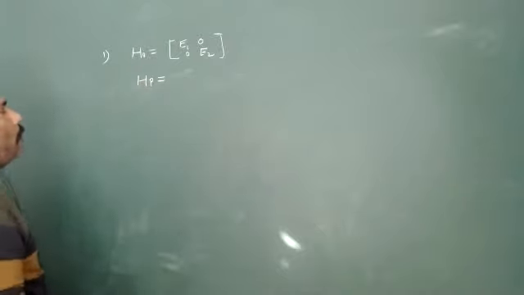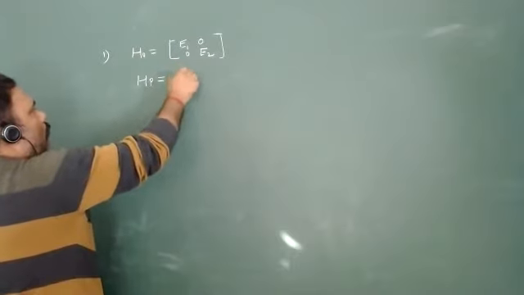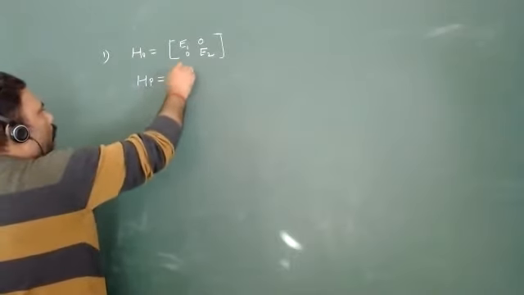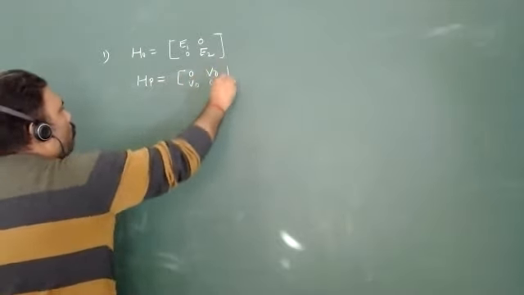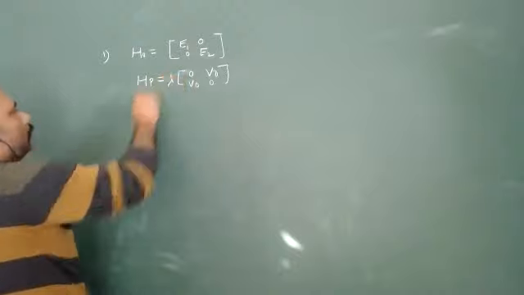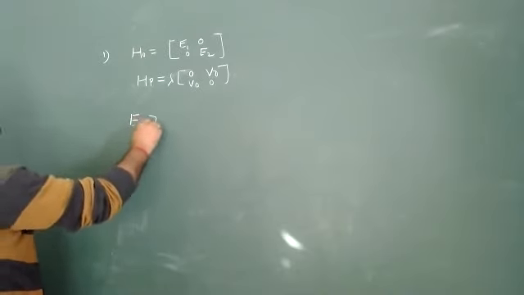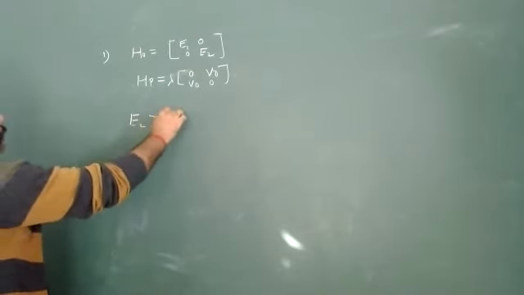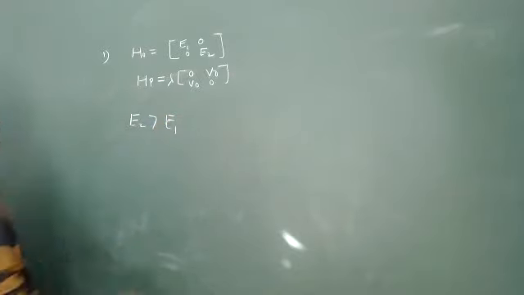HP is equal to, let's say, 0, V0, V0, 0 in a matrix form. Let's say this is some value lambda. So this will be lambda W. And we have E2 is greater than E1.